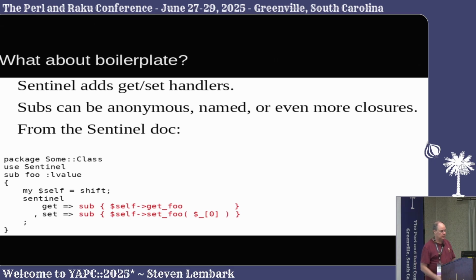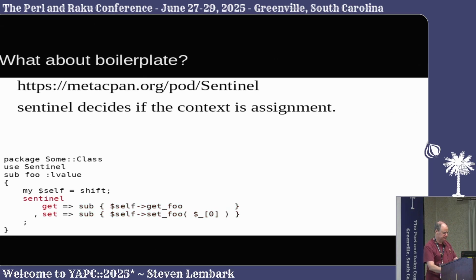But if you want to get anything, I'm going to call this. And if you want to set anything, I'm going to call something else. Does that make sense? He does the work of figuring out whether or not you're being called in a getter or setter context based on the call stack, and then dispatches into whichever of the right subs you need to use.